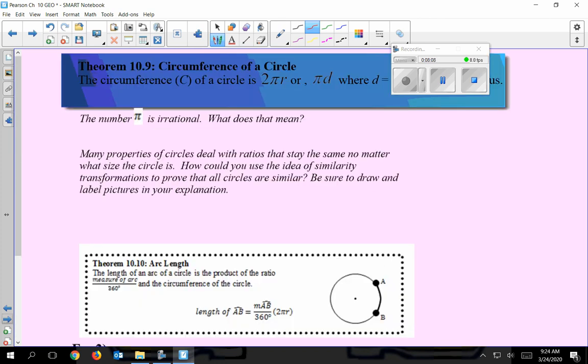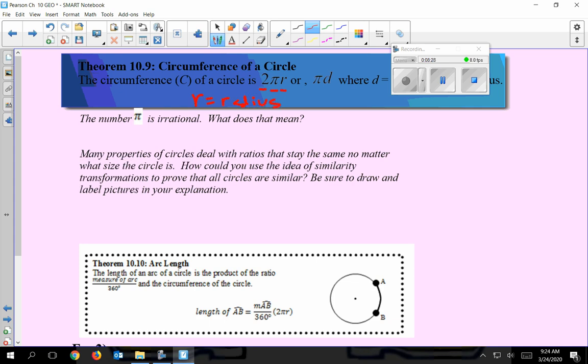All right. We go to the next page here. We have the circumference of a circle. We have a little formula for it. It's 2 pi r. R stands for radius.